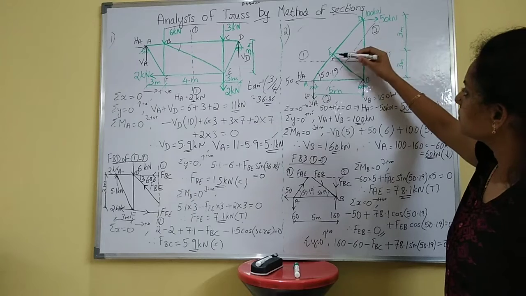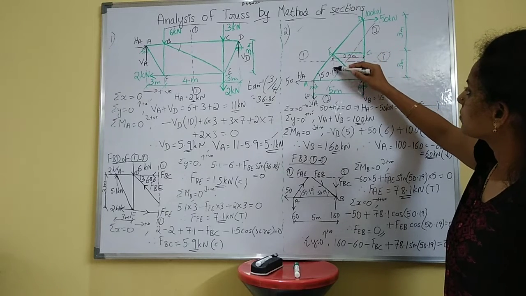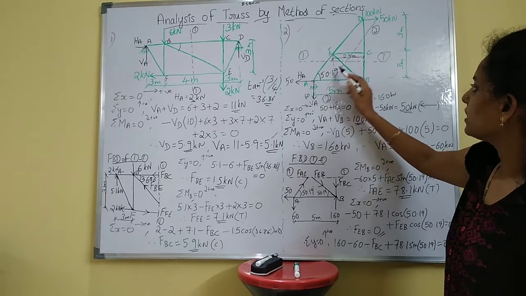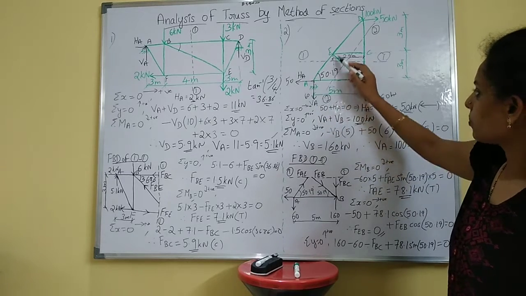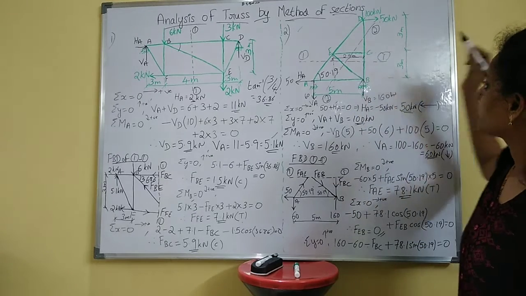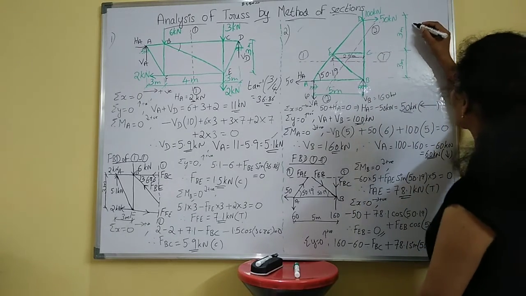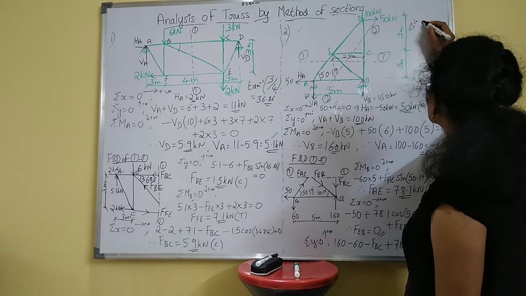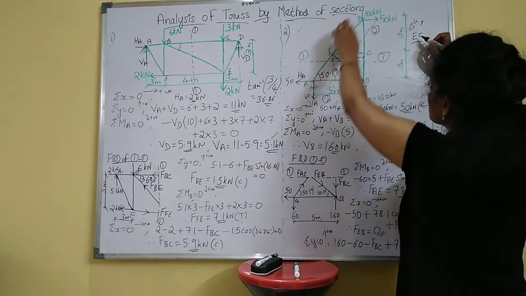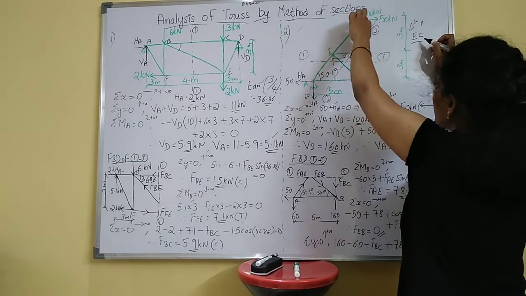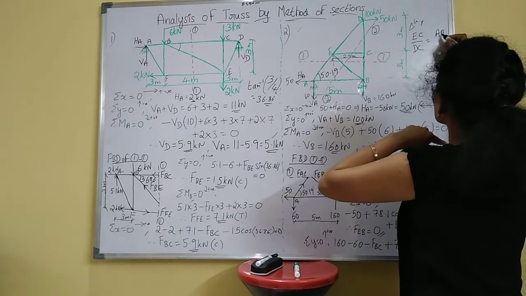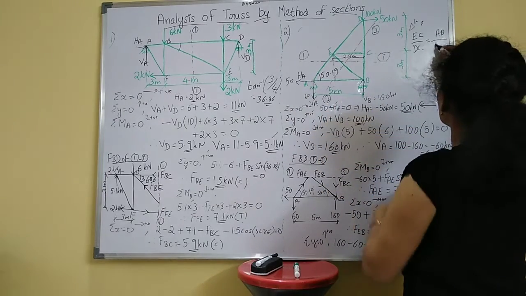Find out this angle. The angle is opposite by adjacent, and to find this opposite, first you have to find this distance. From similar triangles, EC divided by DC equal to AB divided by BD.